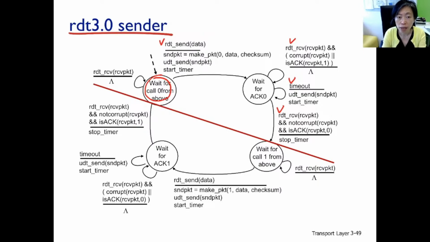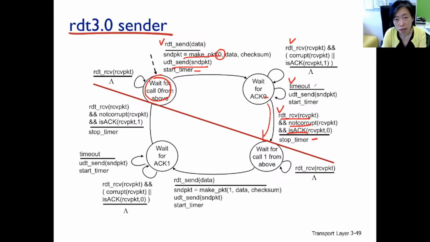First is to get a call from above. We generate the packet starting from packet 0, send it out, and then start the timer. The other is getting feedback from the receiver. If it's not corrupted and it is indeed the ACK we're expecting, then that's a positive acknowledgement, so we stop the timer and move on to send the next packet.